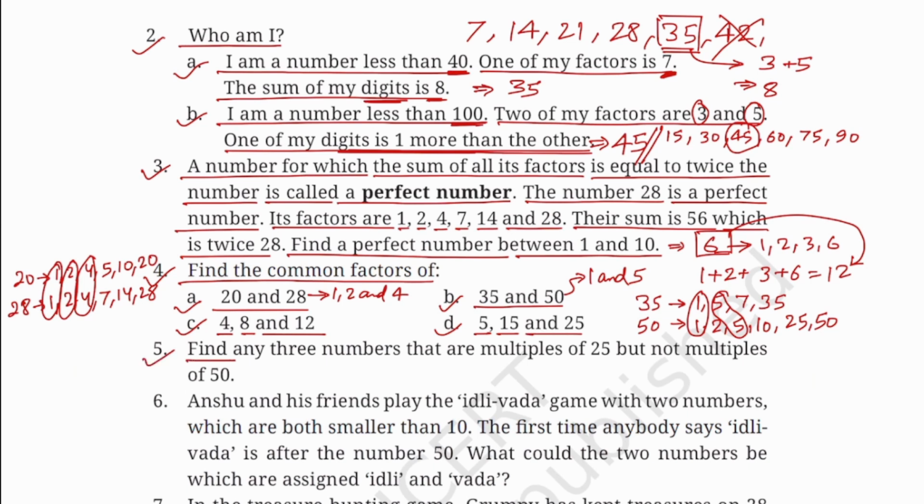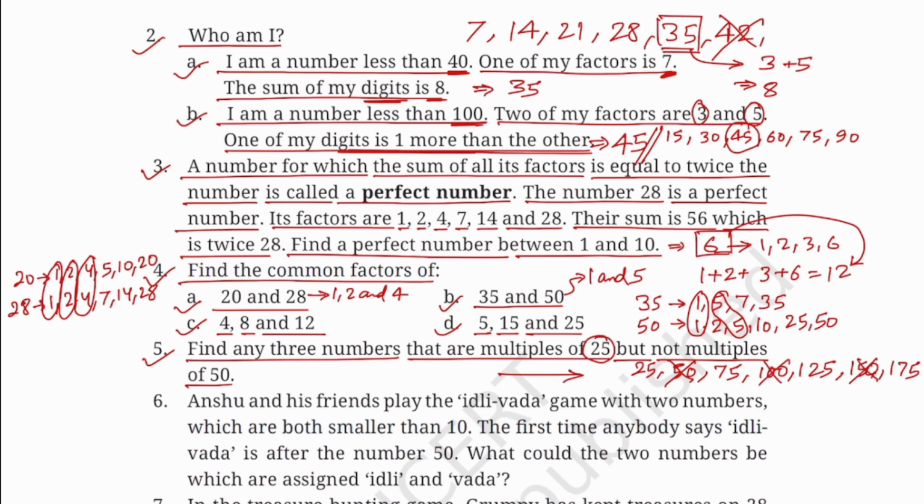5. Find any three numbers that are multiples of 25 but not multiples of 50. First, write the multiples of 25. Then cross out multiples of 50.